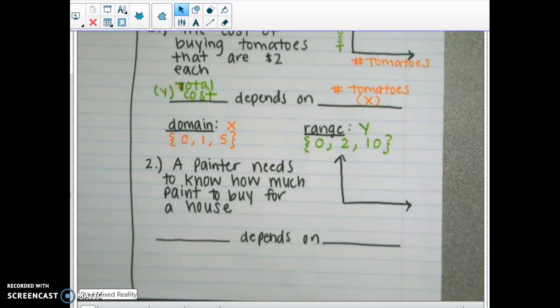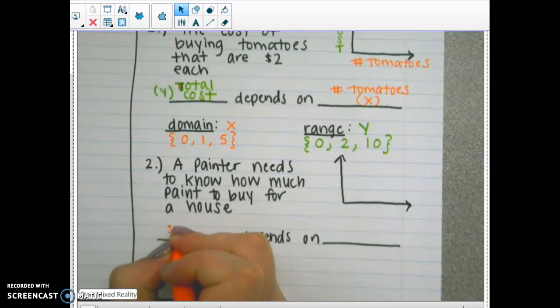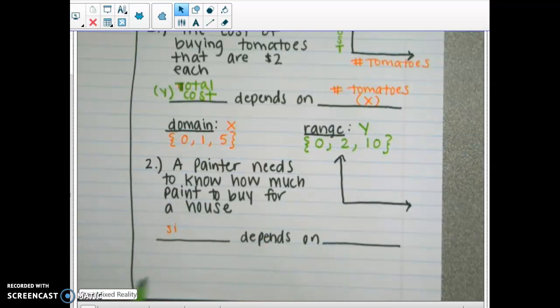All right, let's do another example. So a painter needs to know how much paint to buy for a house. So what depends on what? Well, think about that same input-output, cause and effect relationship. Sorry, I did it backwards again.